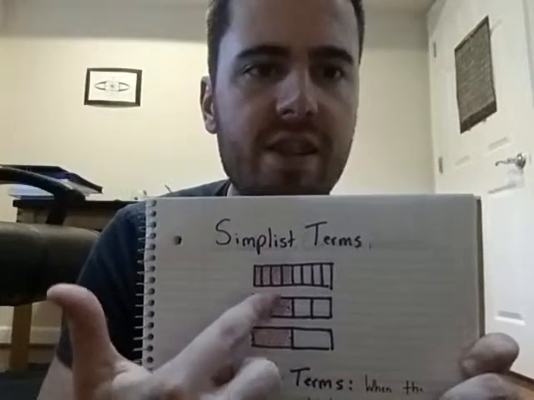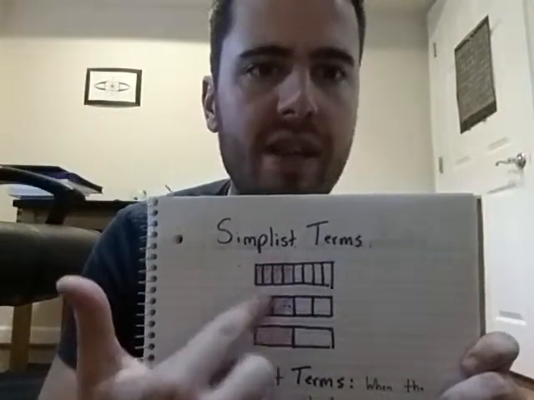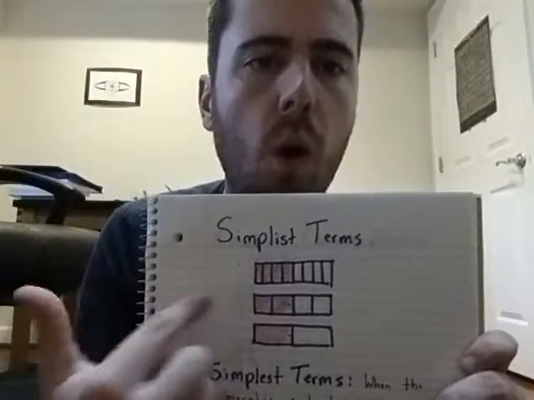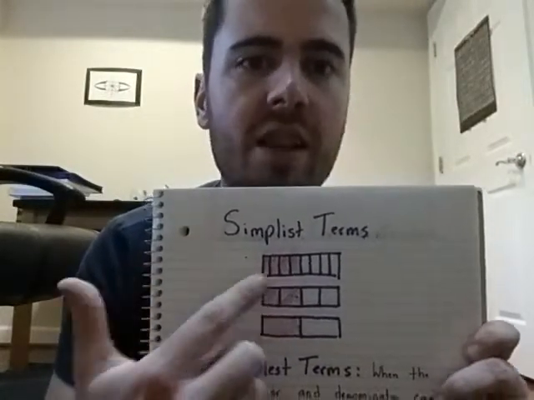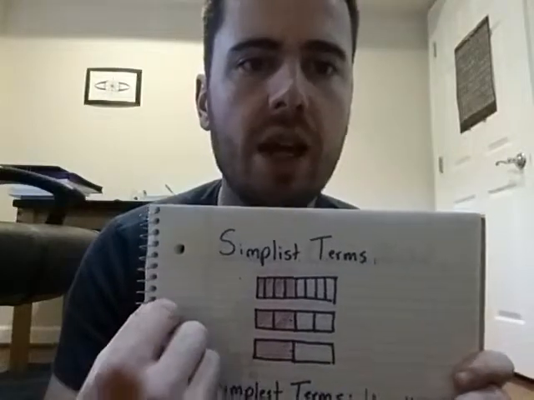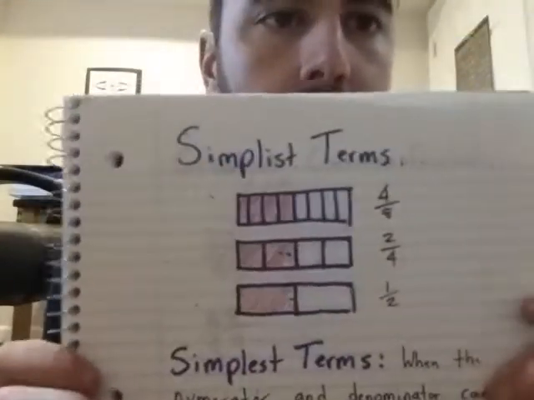So we can say that these are equivalent fractions. That means their portion out of the whole is exactly the same, even though their piece sizes are different. I'm going to write down the fractions I just dealt with: 4/8, 2/4, and 1/2.